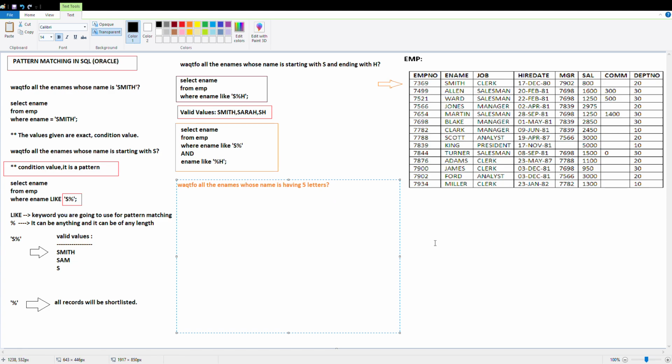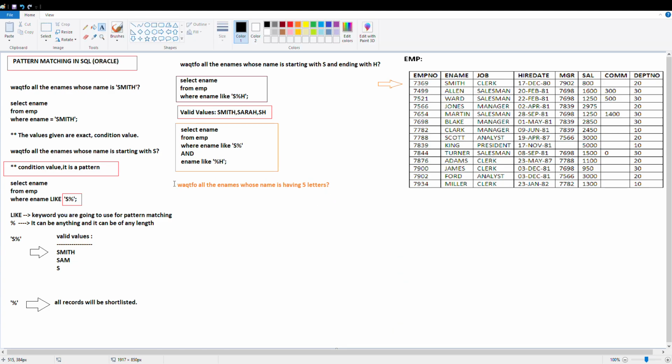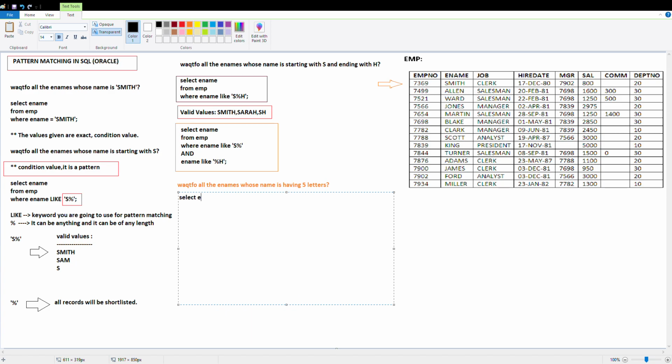If this is the condition I'm asking you, how will you solve this question? Try to understand. Select ename from emp where ename.